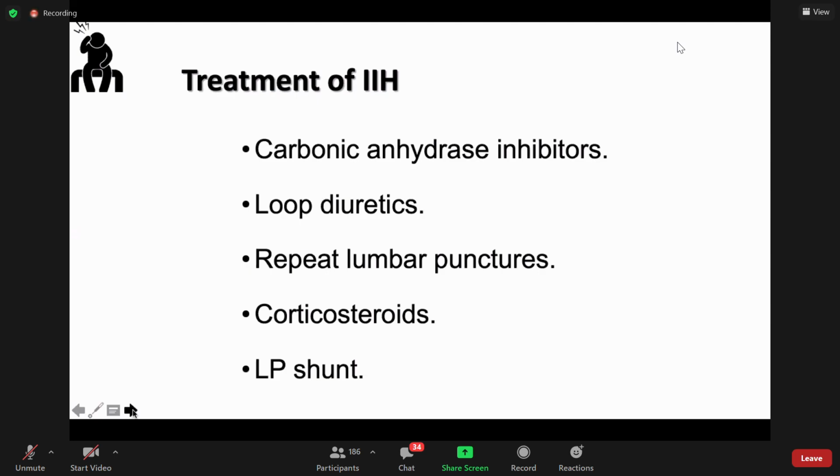The treatment with medications: carbonic anhydrase inhibitors such as Diamox, loop diuretics such as furosemide, and repeated lumbar puncture. Rarely we have to give corticosteroids or ask the surgeon to do a lumboperitoneal shunt to remove the extra CSF.